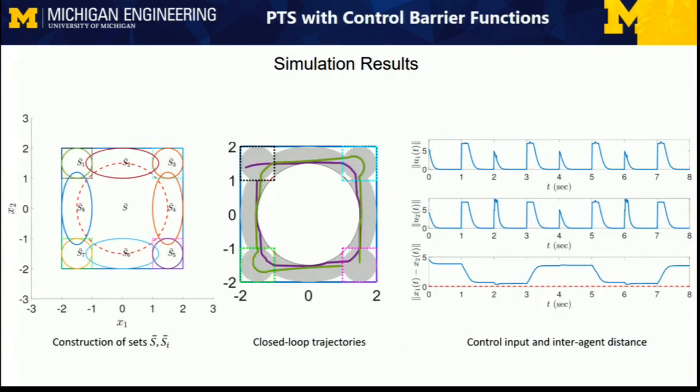And this would be the results of a similar example where you get to see the paths that the robots took that are collision-free, the fact that the distances are never violated, and the control inputs remain within the specified control input bounds.